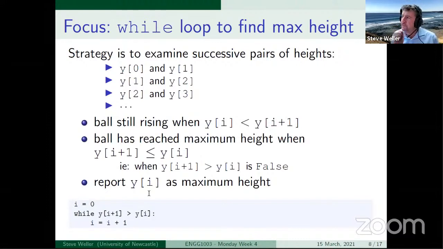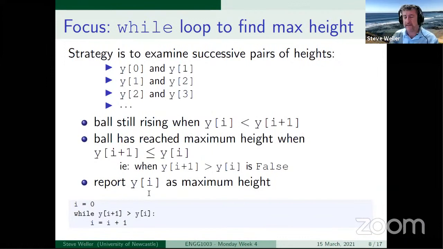What characterizes the trajectory up to the maximum height is that at successive time points, the second time point is higher than the previous one. So if we look at y0 and y1, we know that y0 will be less than y1 if the ball's on its upward trajectory.